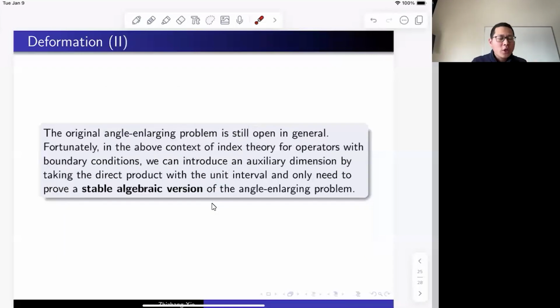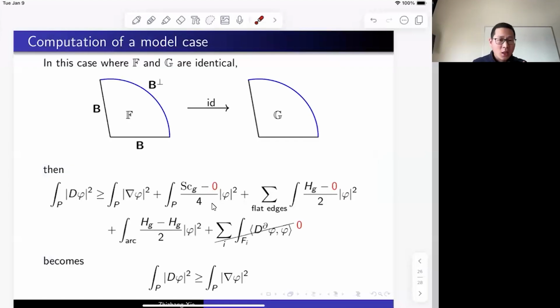Of course, I mentioned before, the original geometric angle enlarging problem is still open in its generality. Fortunately, luckily, in the index theorem itself, we only need a stable algebraic version. The precise details of what the algebraic version is and what is meant by a stable algebraic version, Jinmin will talk about in his talk.